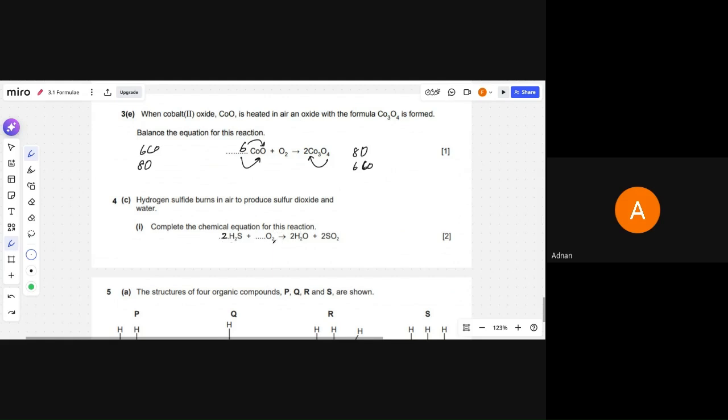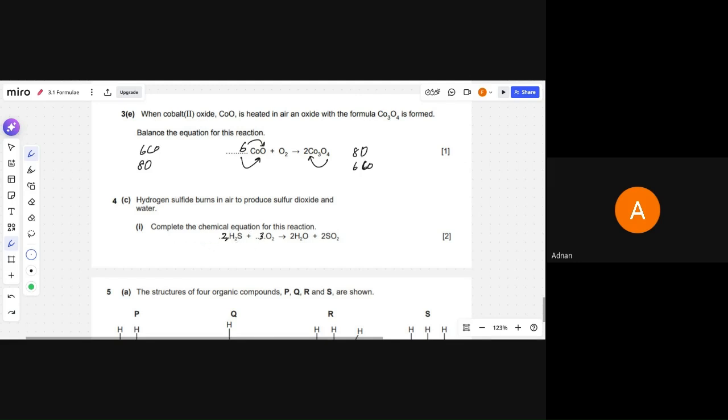And now we need to balance the oxygen atoms. 2 and 2, 4. So 4 oxygens are there on the right hand side, right? So 2 times 2, 4, and 5, 6, 6. So I will write 3.